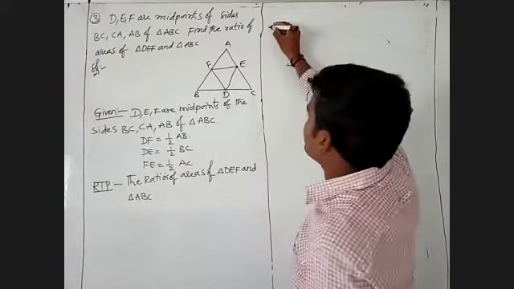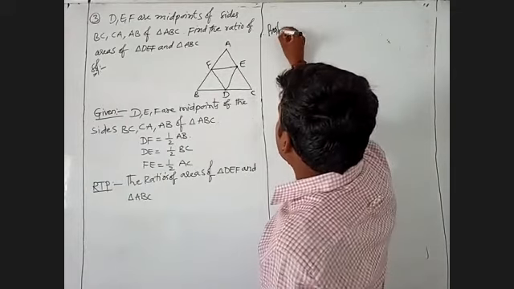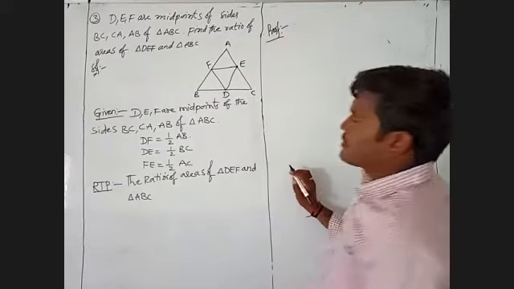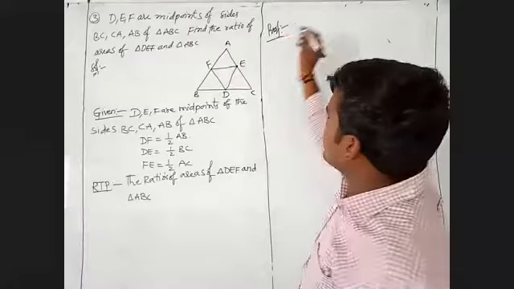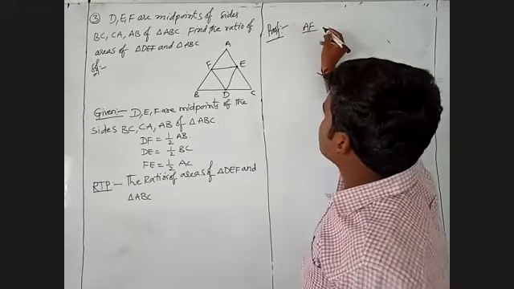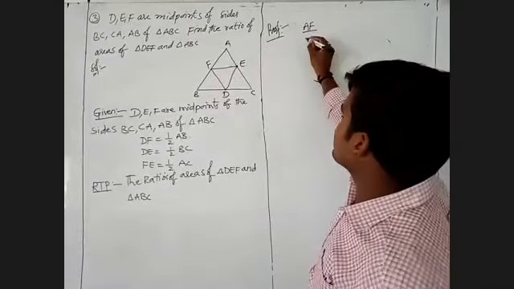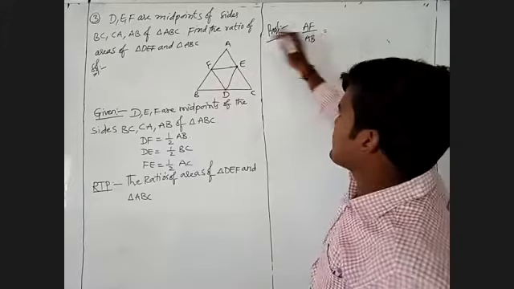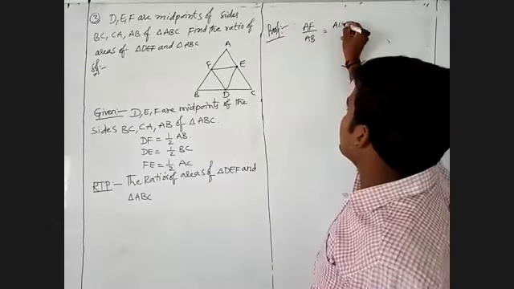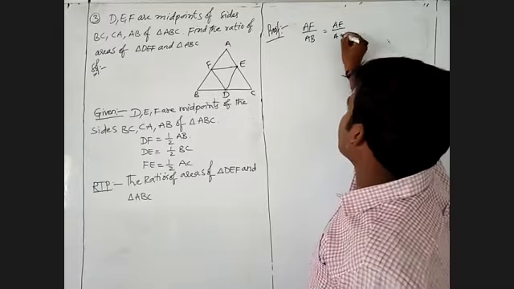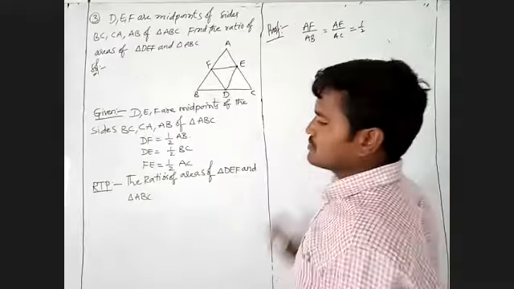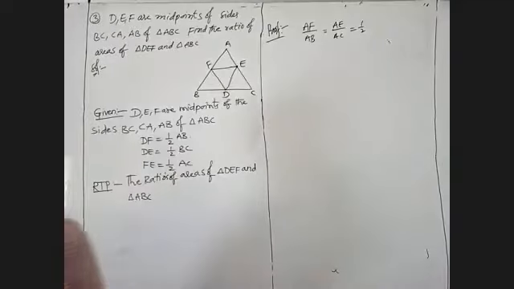Therefore, here by using AF by AB is nothing but AE by AC, nothing but 1 by 2 will write.